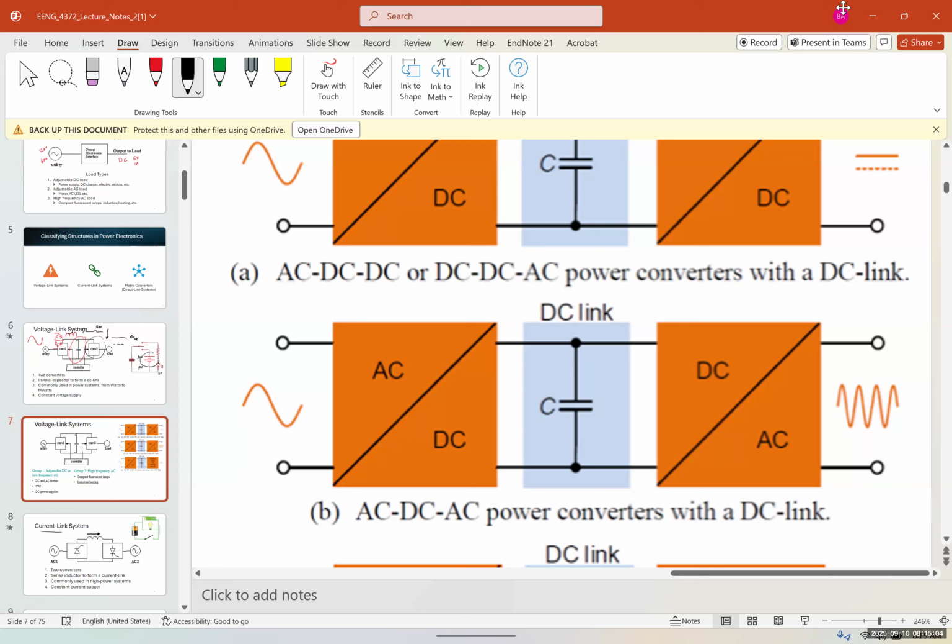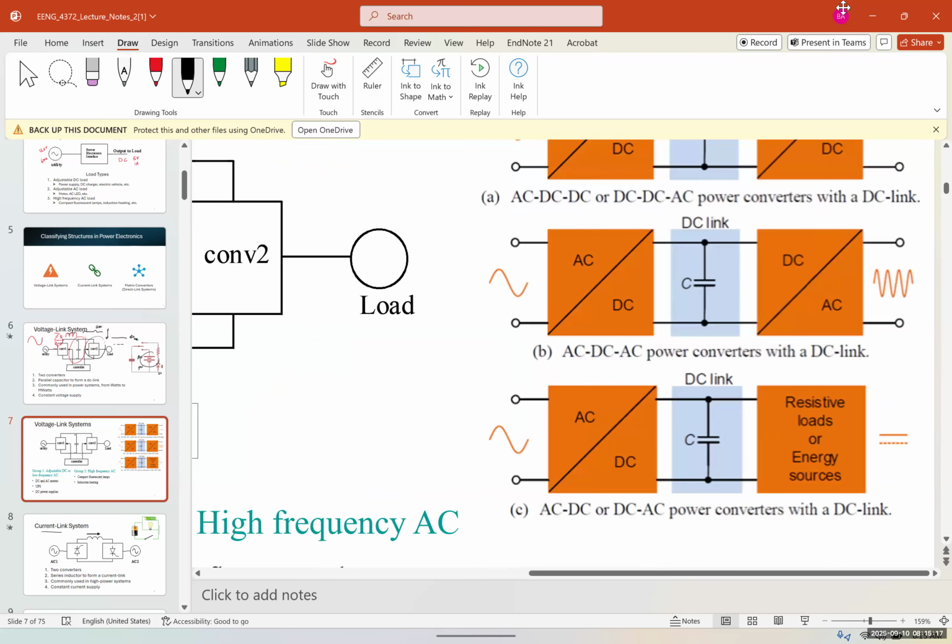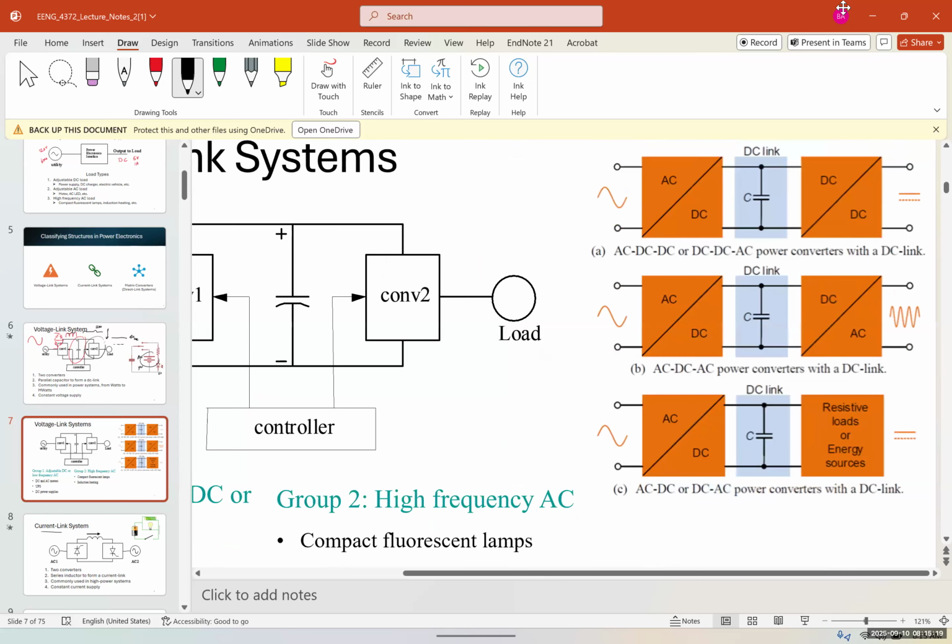And the DC to AC is technically an inverter, here a sine wave inverter. Then we have the AC to DC again, and the load here could be a resistive load or energy source. This is the AC DC or DC AC power converters with a DC link.